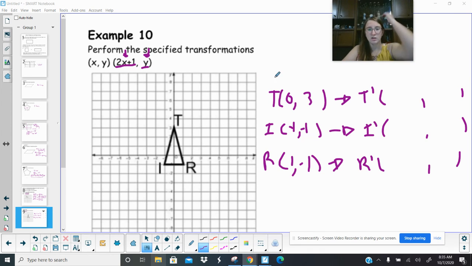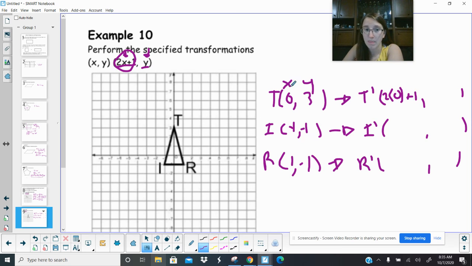Okay, let's check. So my x here was 0, and I want 2x plus 1. So I have 2 times my x, which is 0, plus 1. My y doesn't change, so my y is still going to be 3. So t prime, you should have gotten 2 times 0 is 0 plus 1 is 1. There's our t prime.